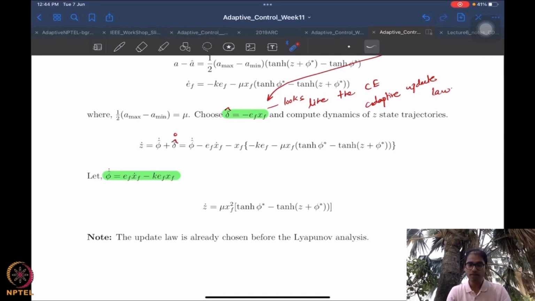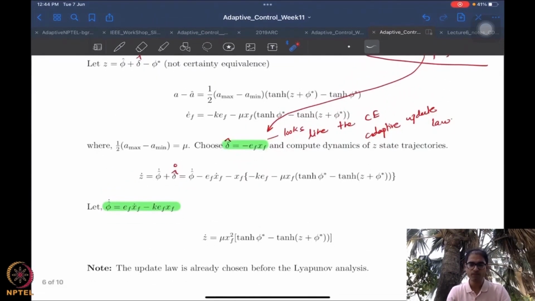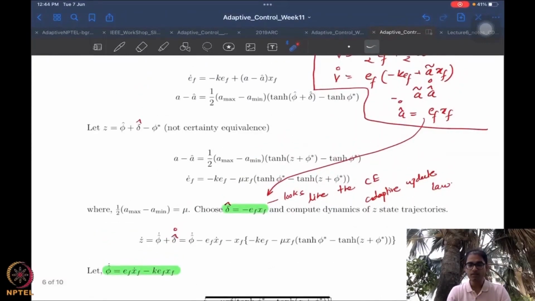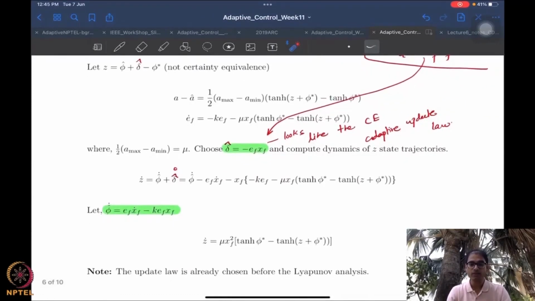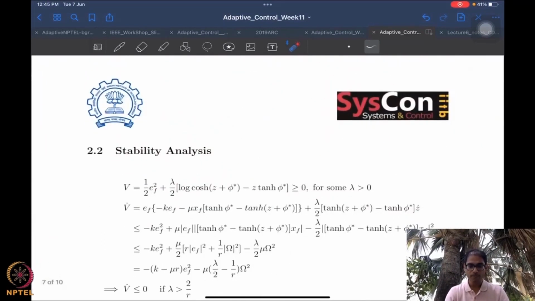They're just chosen separately, just intuitively. Delta hat is motivated by the adaptive update law, as we just saw, and phi hat is obtained by trying to cancel whatever we can cancel in the z dot term.